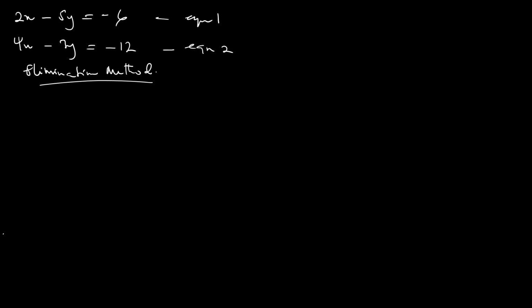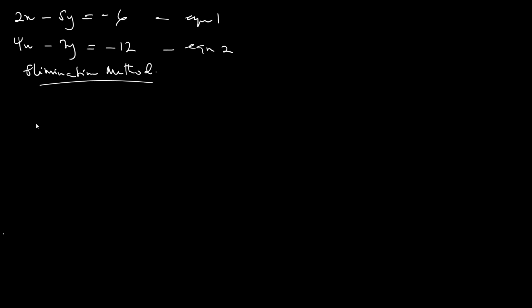So how can we get the same value for each so that when you subtract or add the two, it gives us 0? So you can see that equation 2 we have 4x and equation 1 we have 2x. So it will be best we multiply equation 1 by 2 so that we achieve 4x in equation 1.